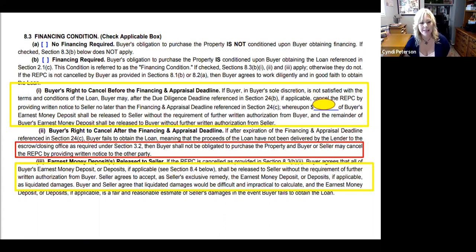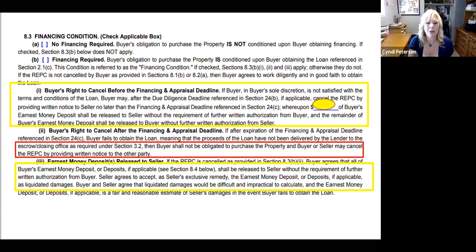So if after the expiration, oh wait, I want to back up a minute. So basically what you would put here is, let's say they had given you a $5,000 earnest money and you were up against a whole bunch of other people. You wanted to get the deal. The buyer said, I don't care what it takes. I'll give up half of my earnest money if I have to, if for some reason we don't end up getting our financing or the appraisal comes in low or whatever happens to be.